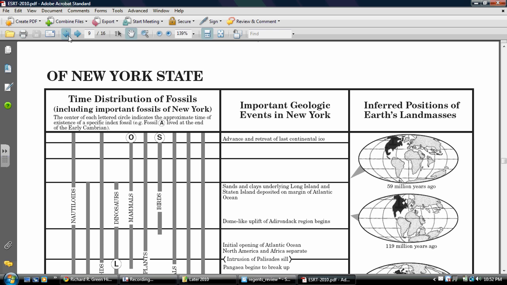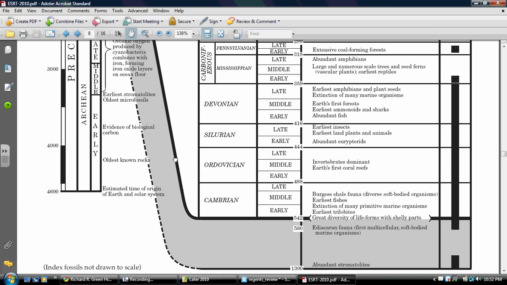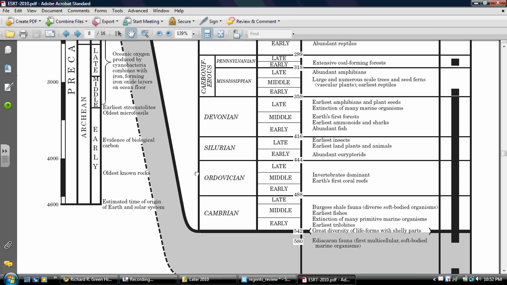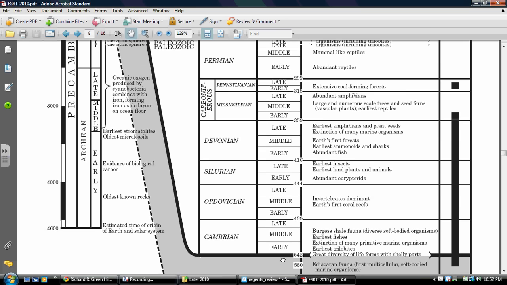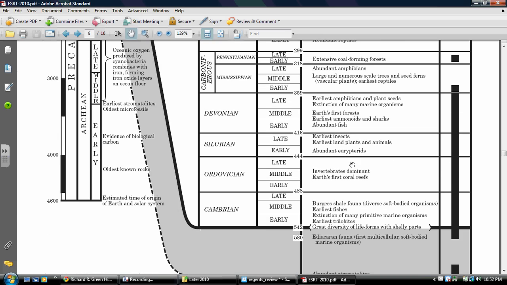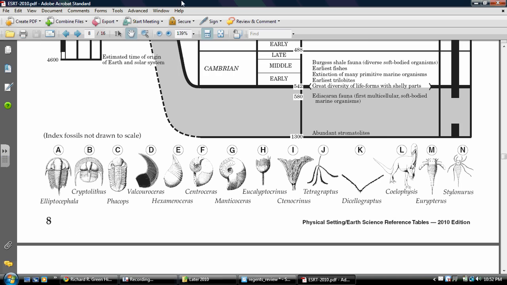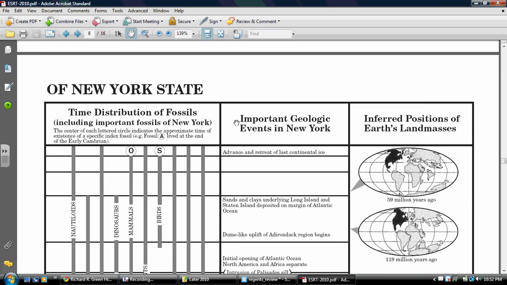But if we look up a brachiopod fossil on the geologic history charts on pages 8 and 9 here, right? We want brachiopods, so the brachiopod family, which page?